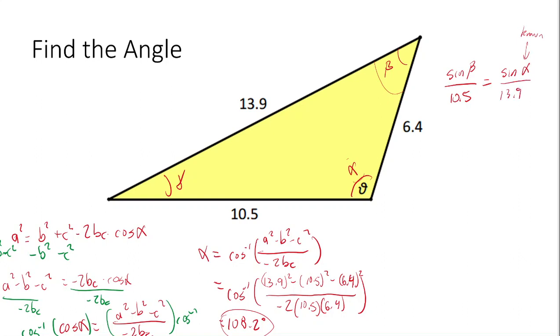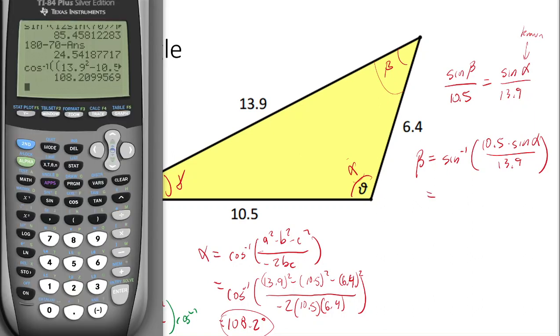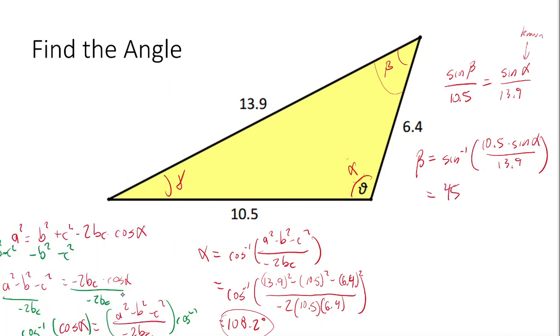Once we arrange some stuff, we'll find that beta is equal to the inverse sine of 10.5 times the sine of alpha divided by 13.9. So if we plug that in, we will have the inverse sine of 10.5 times the sine of the answer we just got divided by 13.9, and we get 45.85 degrees.